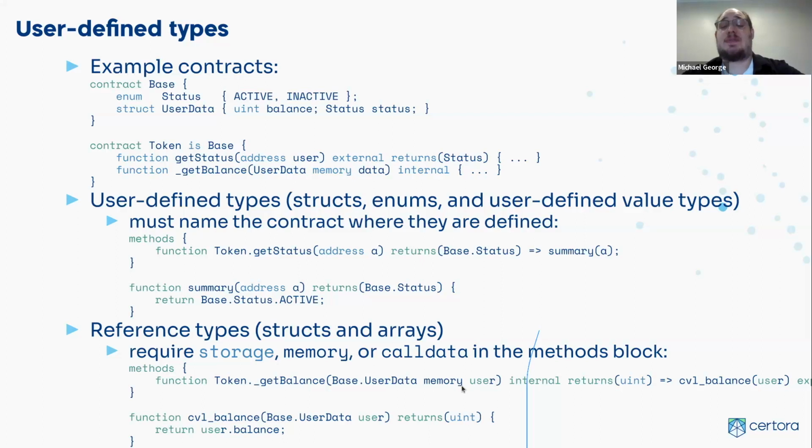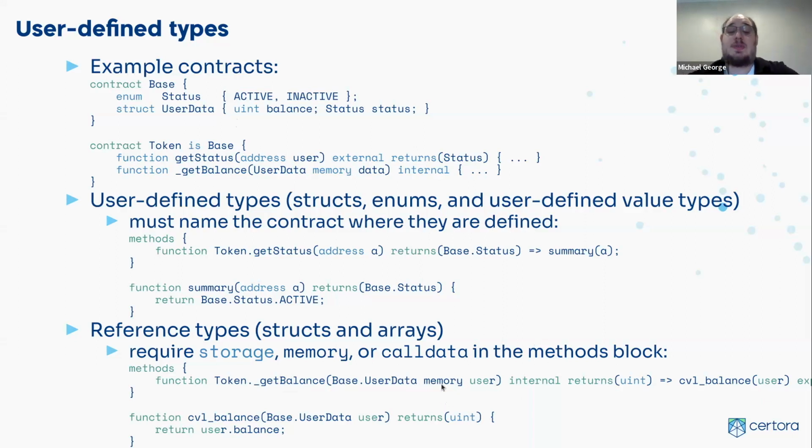So is this a pointer into memory, or is it a pointer into storage or into the call data buffer? In Solidity, you have to write that down, and in CVL2, you also have to write that down. So now in your methods block, if you have a reference type like this user data struct, you have to indicate whether that method getBalance is expecting that to be a memory reference or a storage reference or a call data reference.